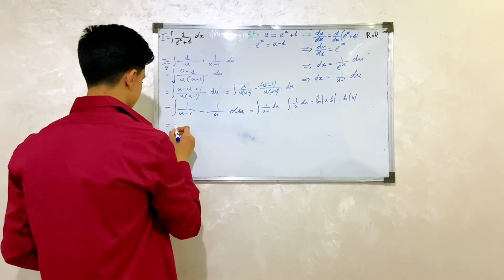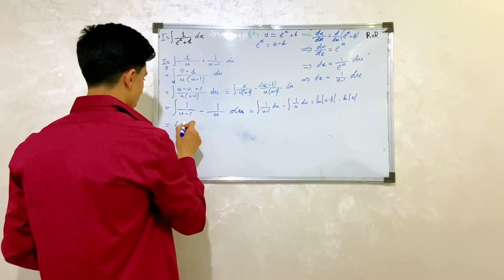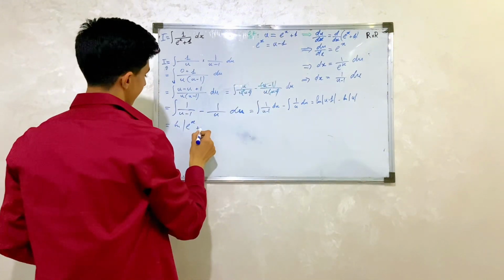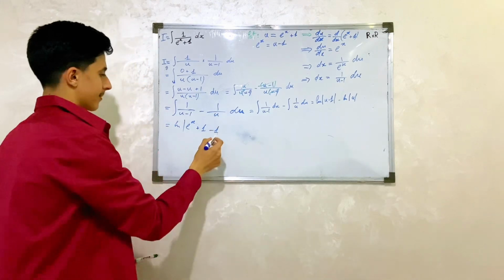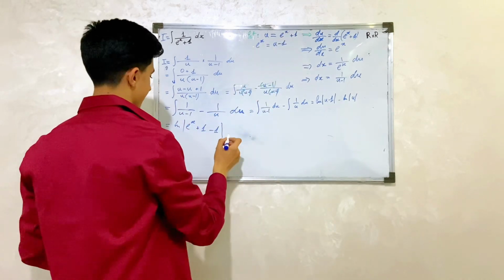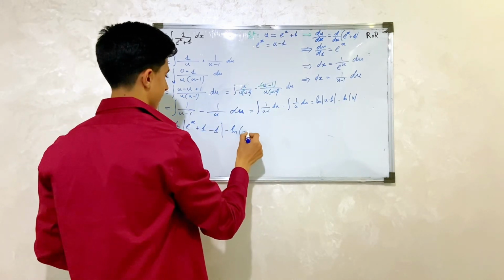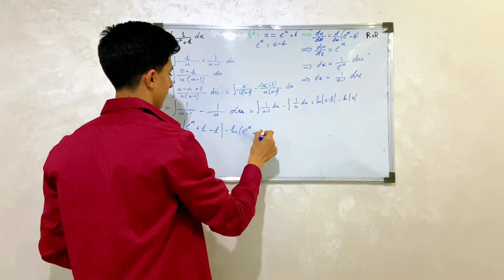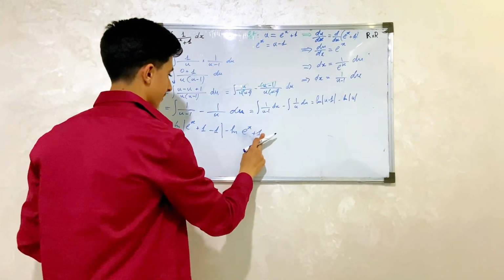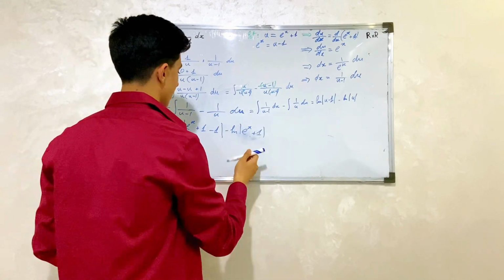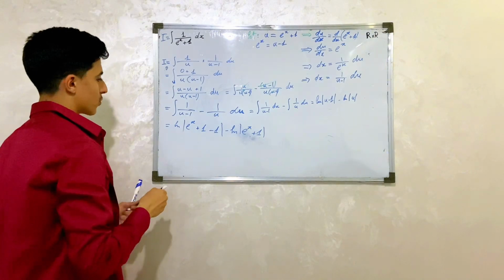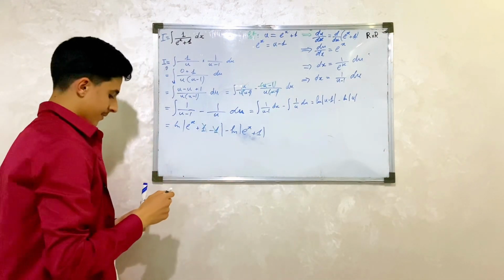So we get that this is equal to the natural log of the absolute value of e to the x plus 1 minus 1, minus the natural log of e to the x plus 1. Okay, now absolute value we said. So, first, we have 1 minus 1 here, cancel them out.